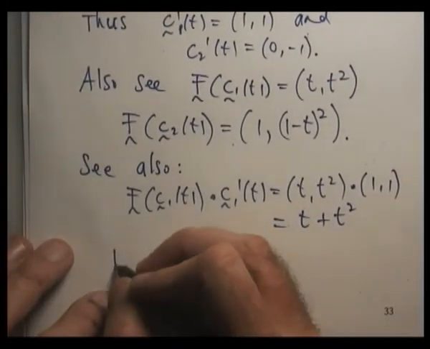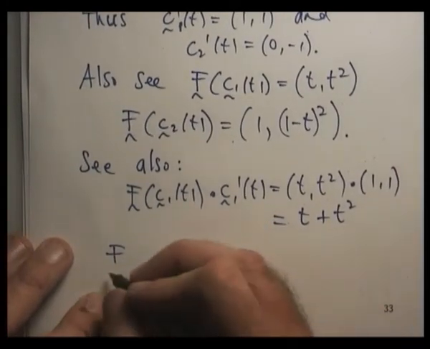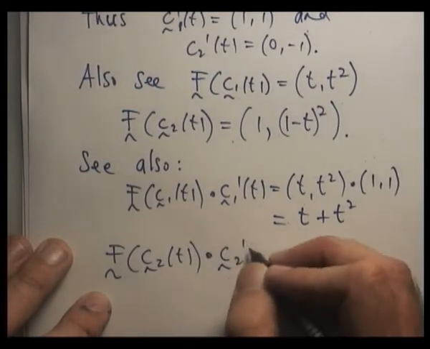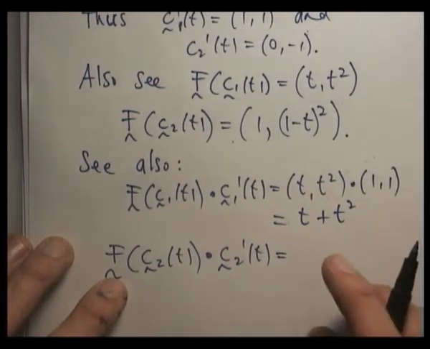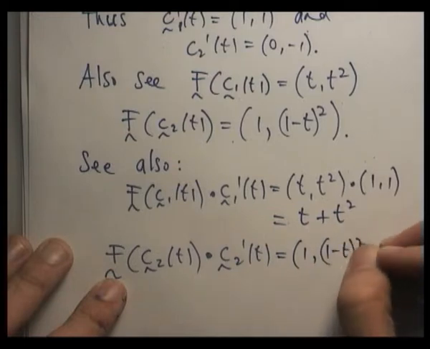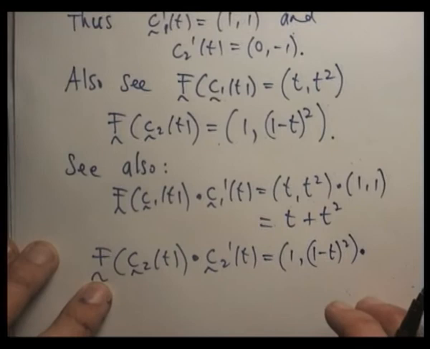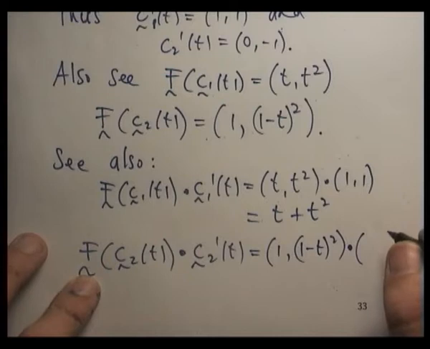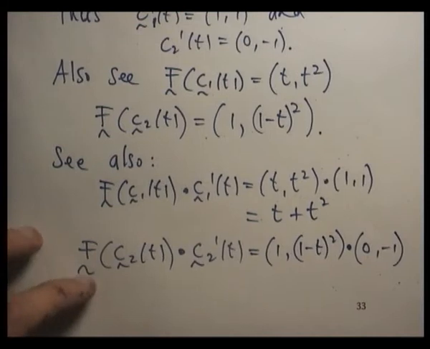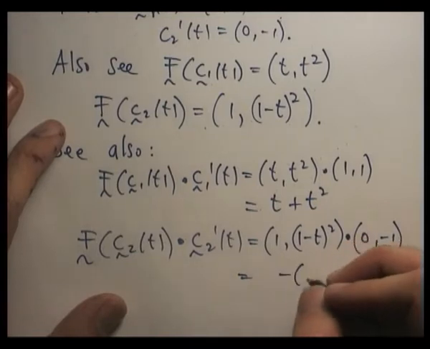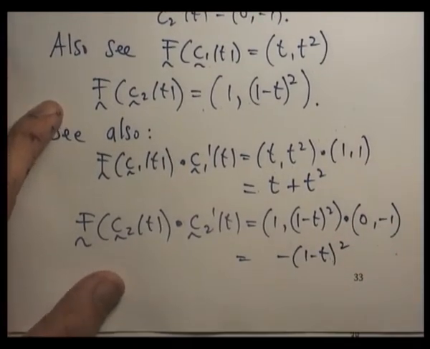And doing the other dot product in a similar fashion, that's going to be (1, (1 minus t) squared) dotted with, what's it going to be, (0, minus 1), right? So we're going to get something like minus (1 minus t) all squared.